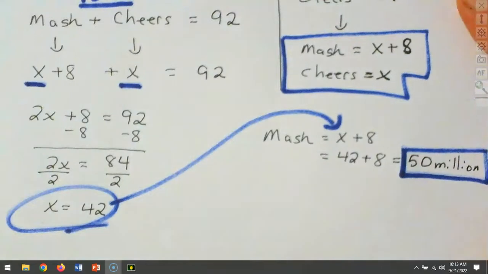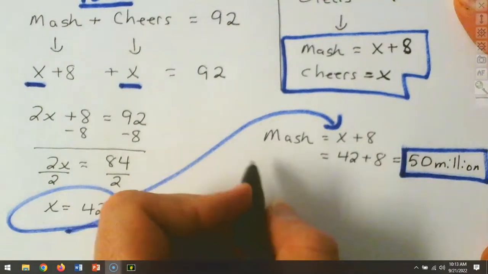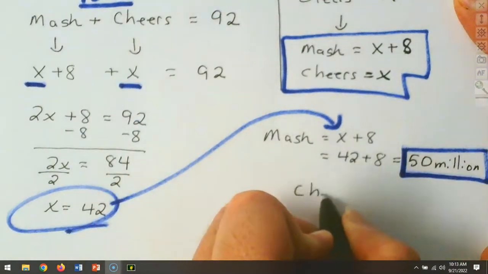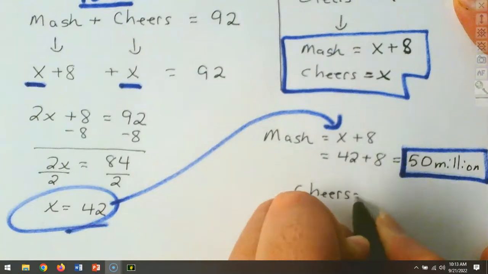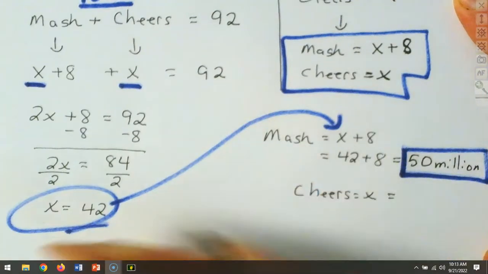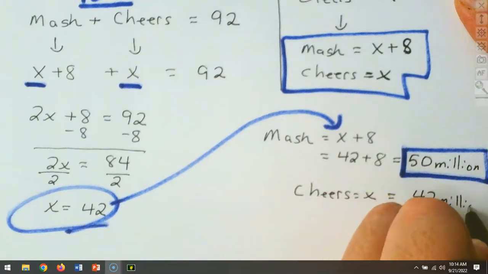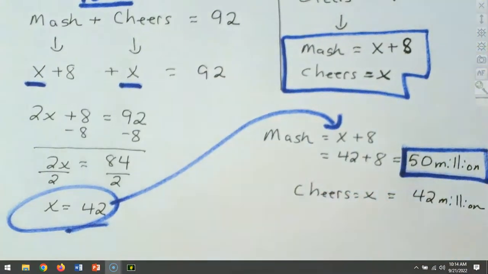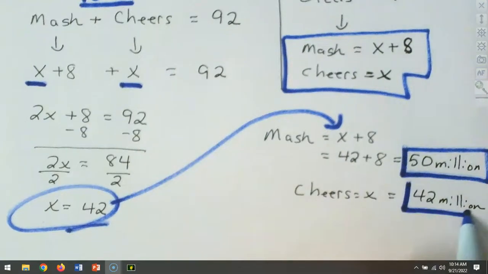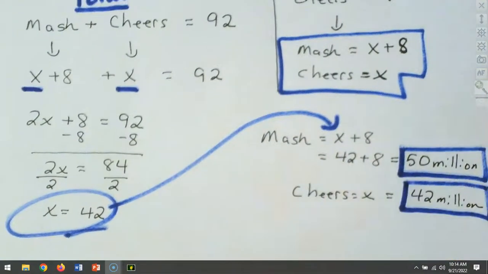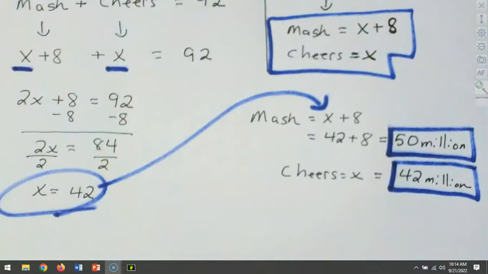And what about the Cheers episode? Okay, well, the Cheers episode is just X. So Cheers is then going to be what? 42 million. Did we answer the question? Yes, because what did the question want us to find?